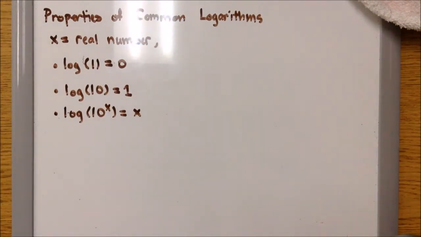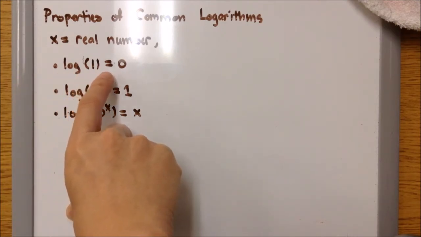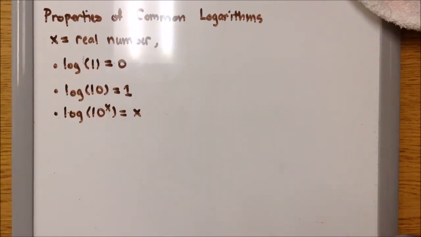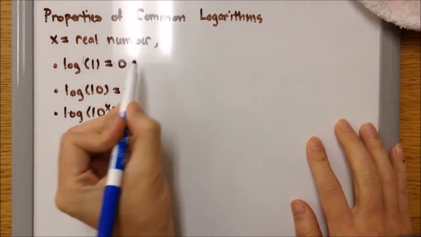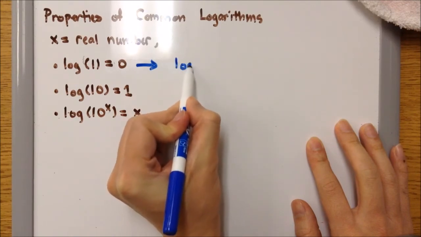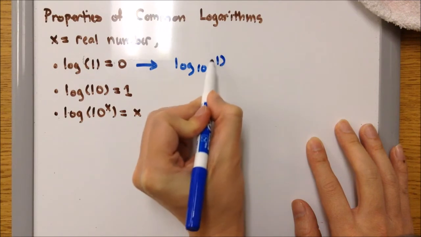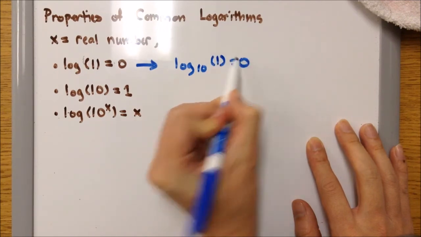Our first one is log 1 equals 0. Now when you see a log with no base, that basically means an invisible 10. So let me rewrite it for you. Log with base 10 of 1 equals 0.